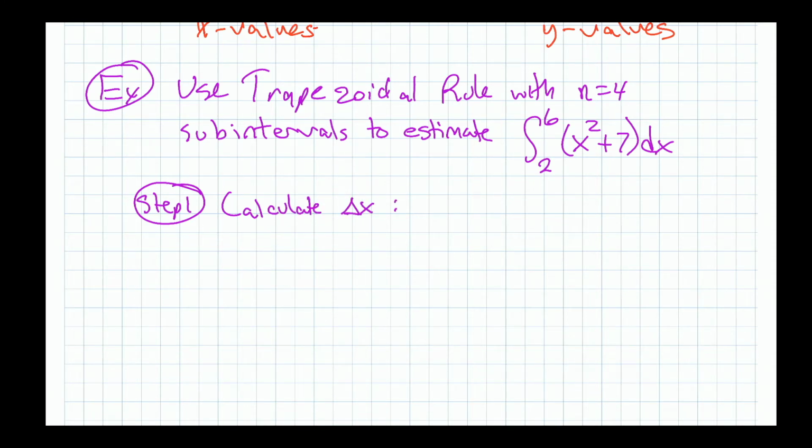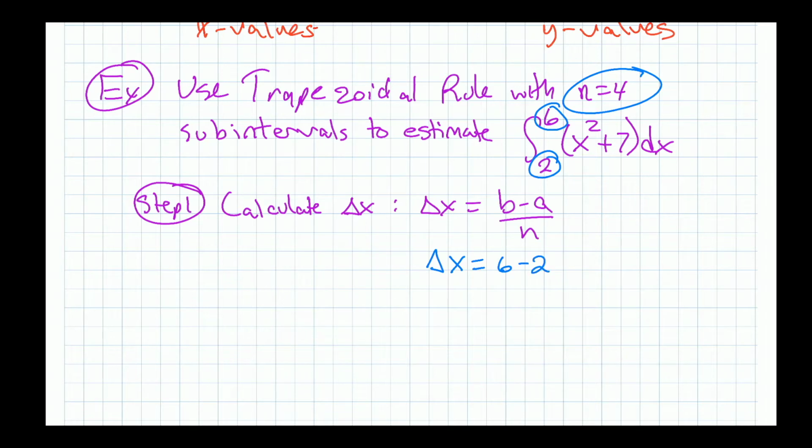Delta x, like always, is b minus a over n. Remember, they come from your problem. So the b is 6, the a is 2, those are the limits of integration, and the n is the number of subdivisions, which is 4.